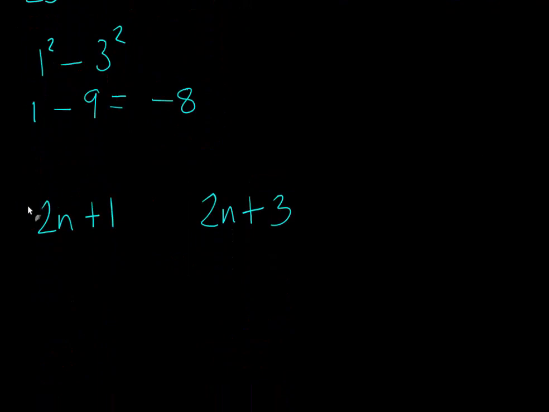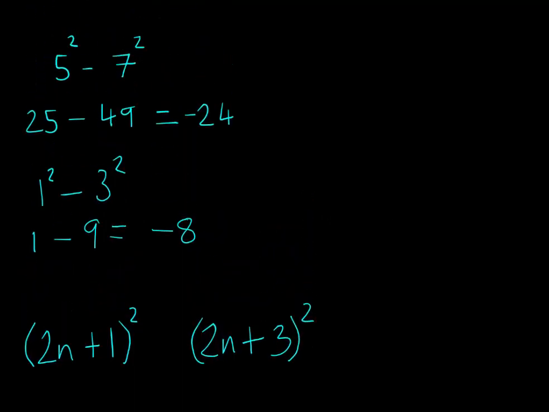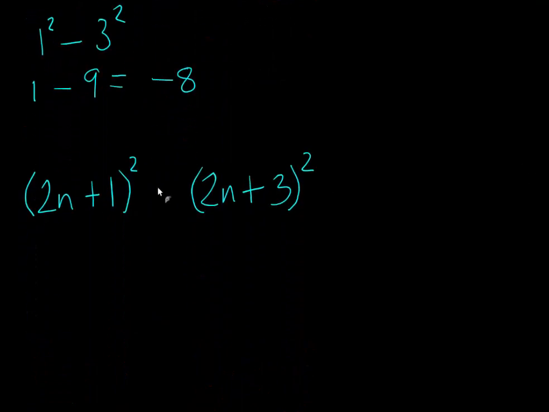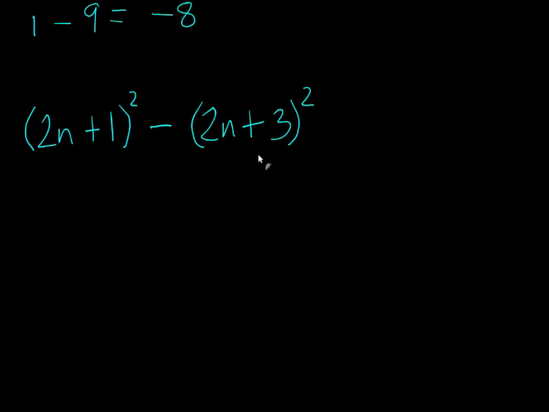So if we're squaring that one, remember we've got to square the whole thing. If we're squaring this one, square the whole thing, like that. And then we're doing the difference between them, so a negative. Okay, so let's see what that comes out with. As always, I'm going to write this negative nice and big just to help me remember that I'm subtracting the whole of this second bracket.